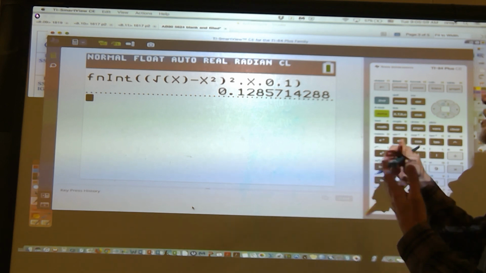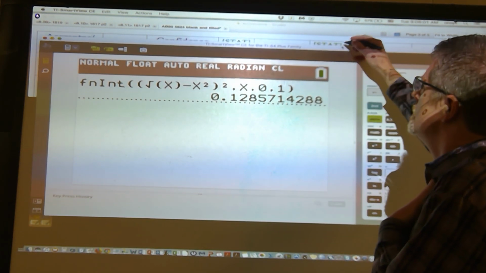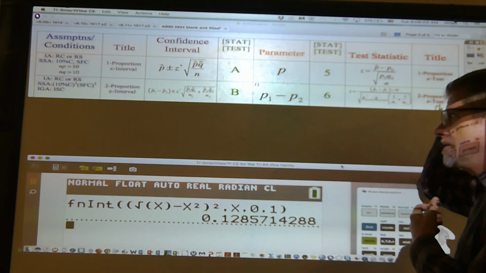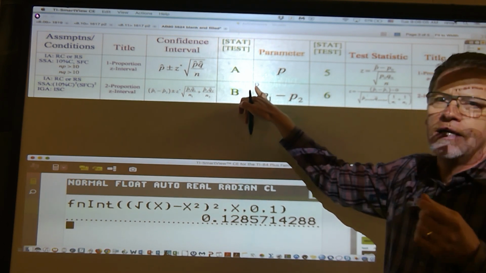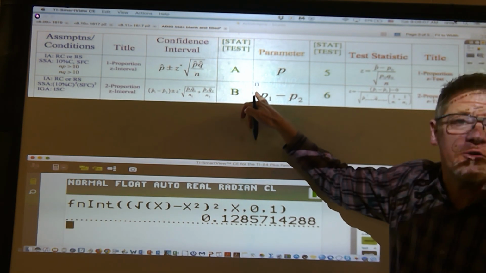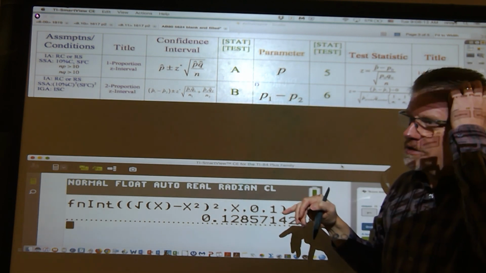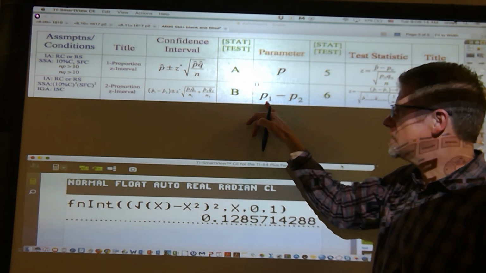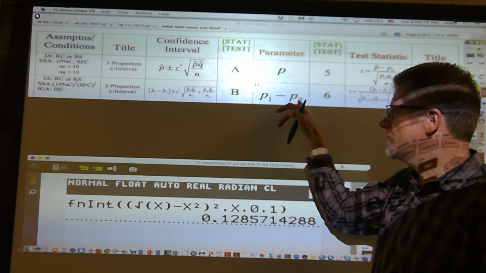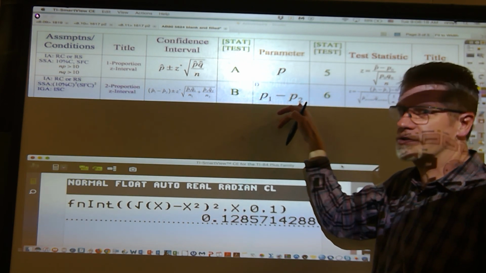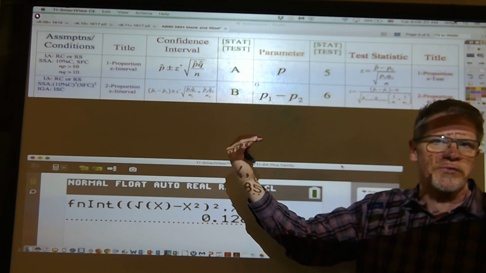So as you're going through this, I like to build a D trap. D is for difference: the difference between the proportion of American citizens who would like to see Donald Trump reelected and the proportion of Mexican citizens who would like to see Donald Trump reelected. So D is the difference between those two.